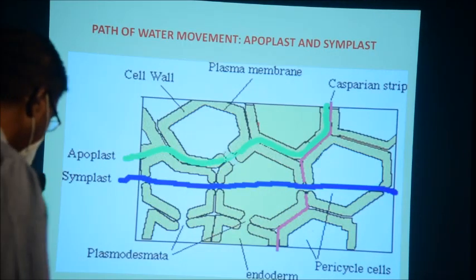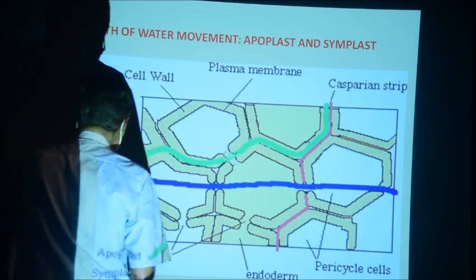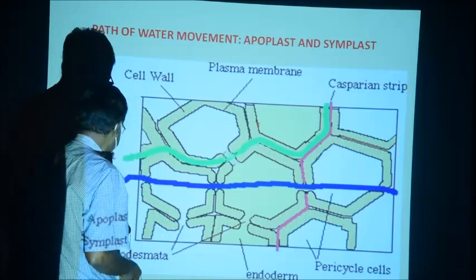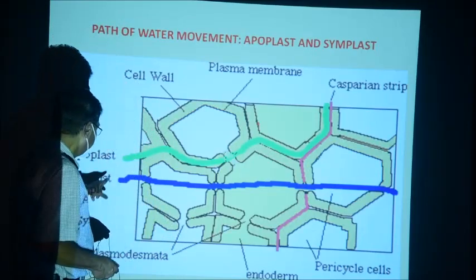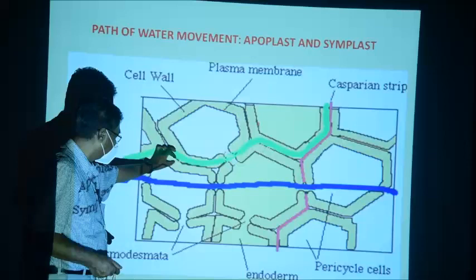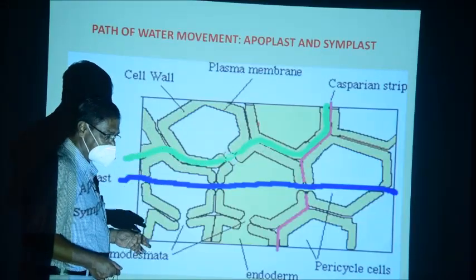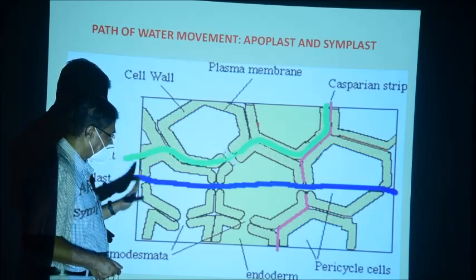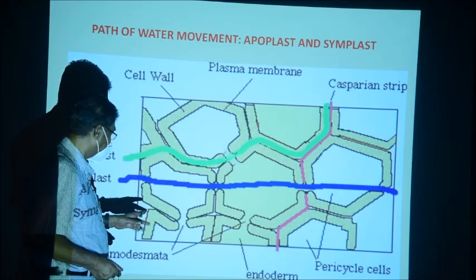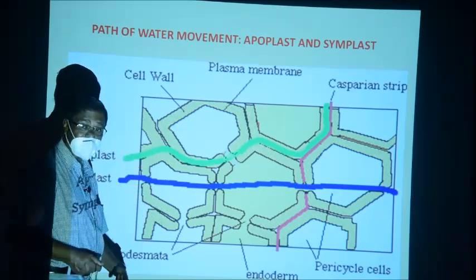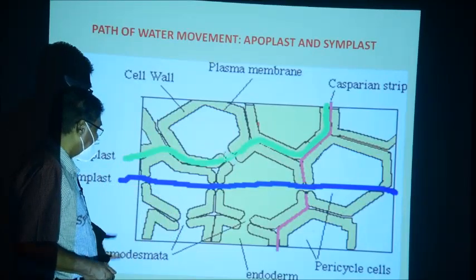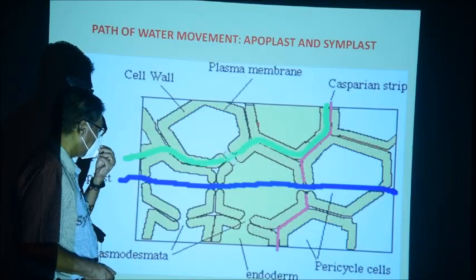Now coming to the entry, we have already discussed apoplast and symplast. Apoplast is the space between the cells and the cell walls. The space between the cells is free space, and the cell walls are permeable, that means they have large pores.